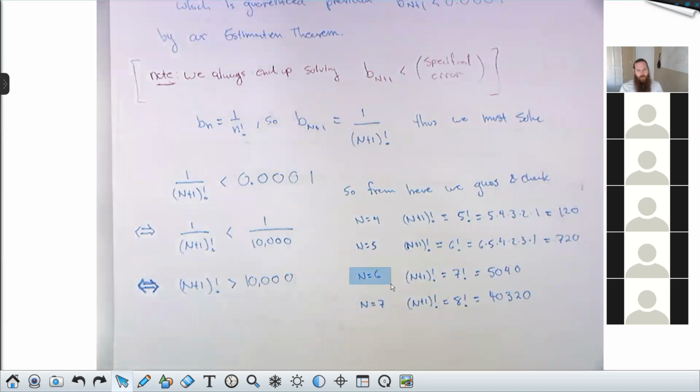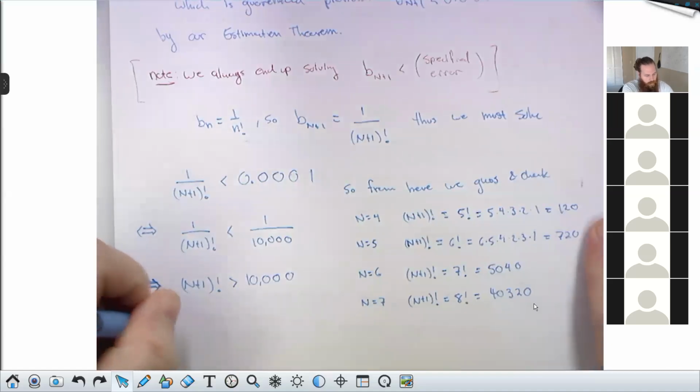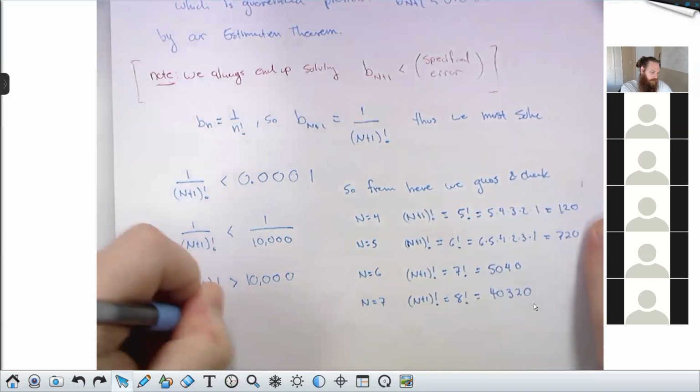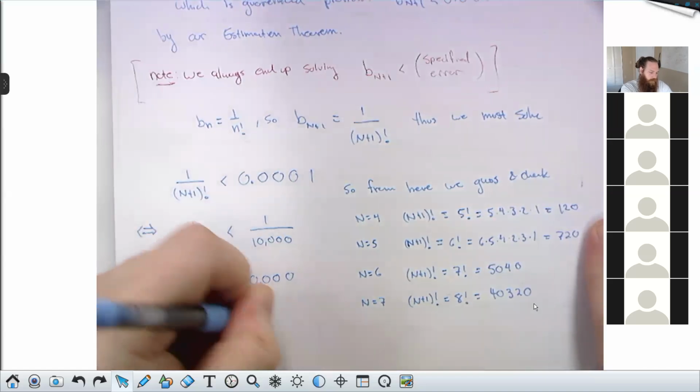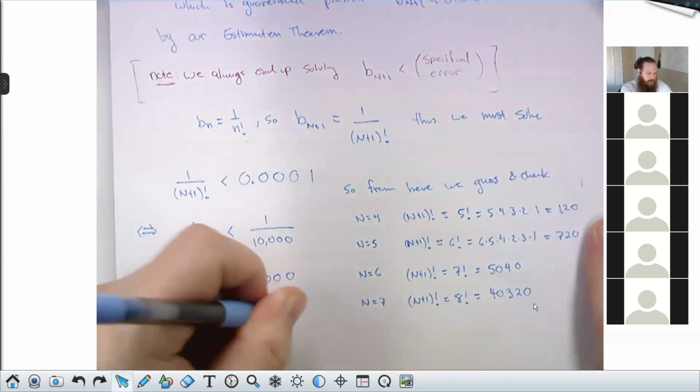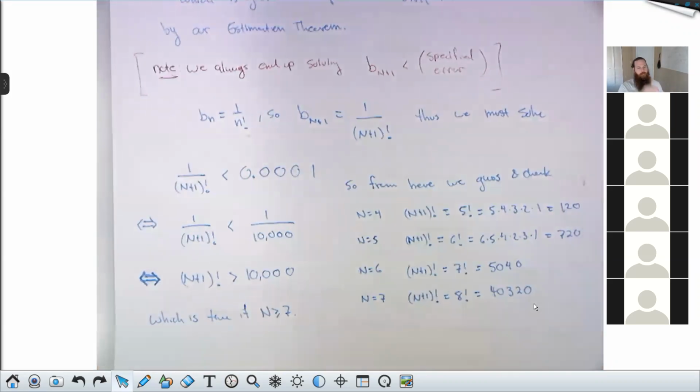N equals 6 is not big enough, because n plus 1 factorial there is about 5,000, and 5,000 is not bigger than 10,000. But when n is 7, n plus 1 factorial is 40,000. So this will be true if n is greater than or equal to 7. In other words, the 7th partial sum here does the trick.